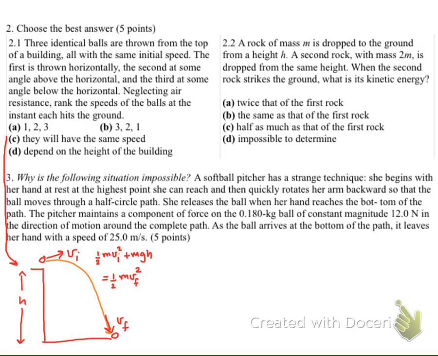At the ground we use this as a reference point, so the gravitational potential is 0 here, which means that h is 0 at the reference point. So we don't have the term of the gravitational potential.